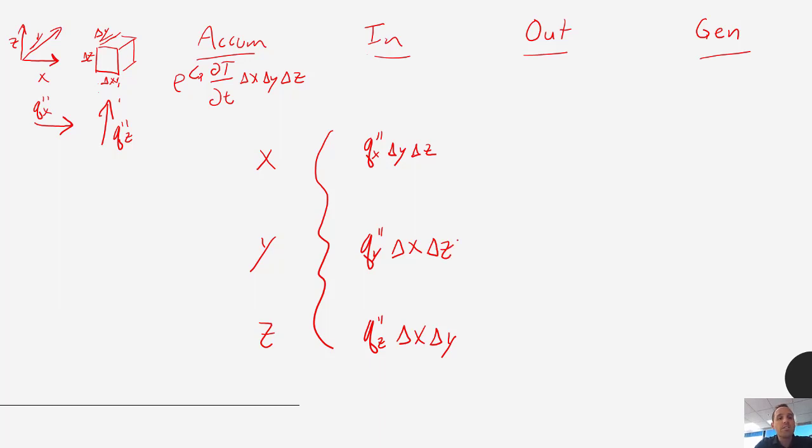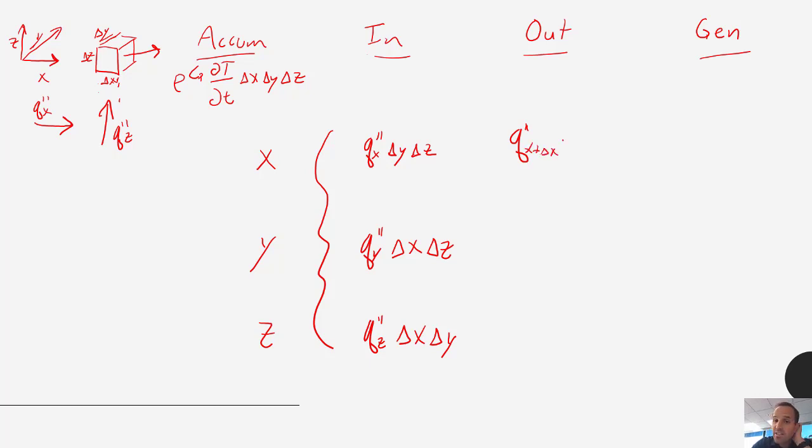So now how is energy getting out? Again, we're just arbitrarily assuming that heat is flowing from left to right in the x direction, then from bottom to top in the z direction. So energy is going to be leaving from this side at potentially a different rate. So leaving, we would evaluate our flux in the x direction. Instead of measured at x, we're going to measure it at x plus delta x.